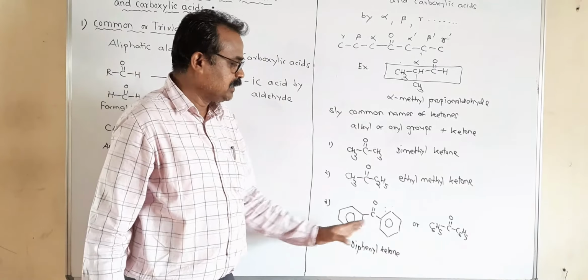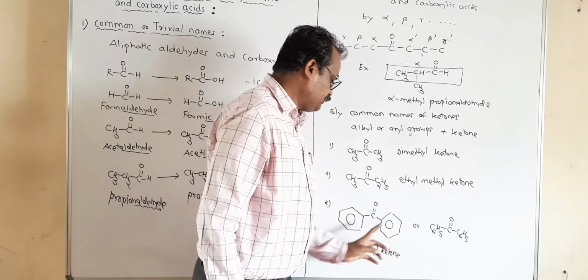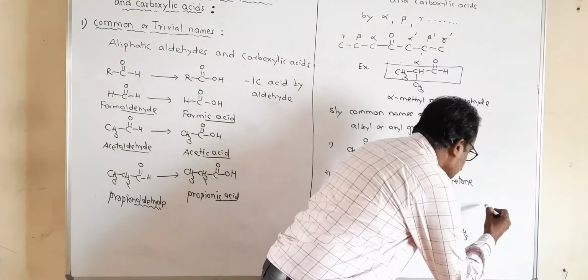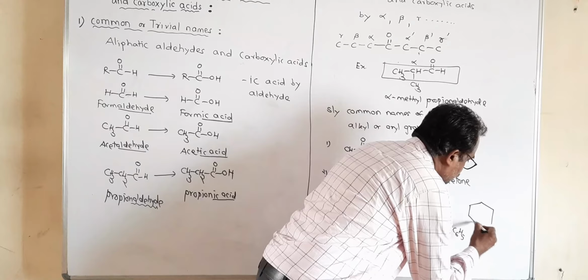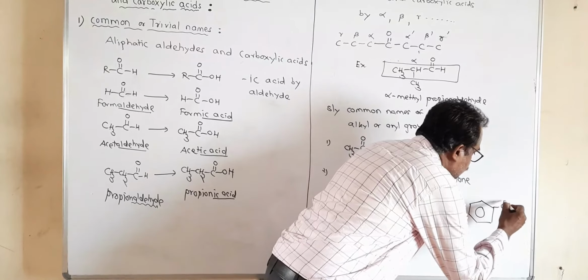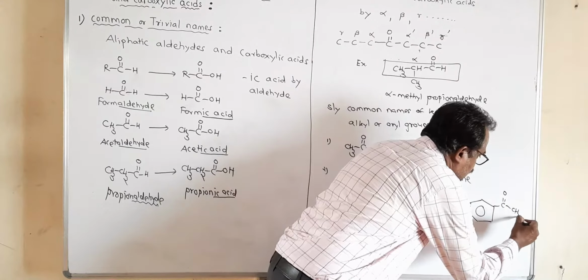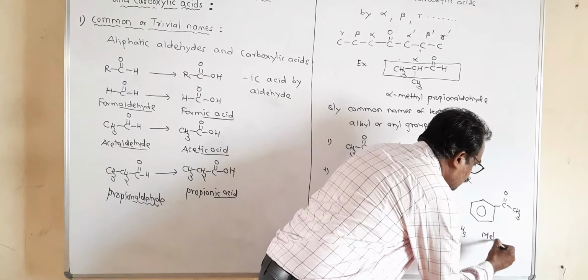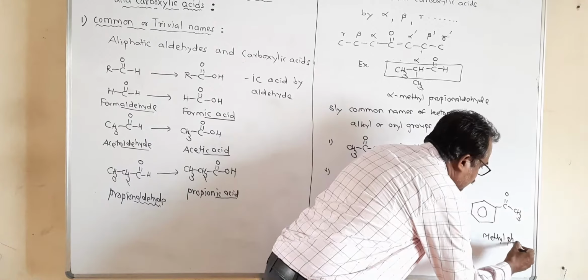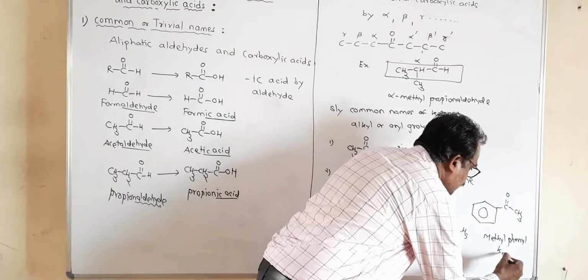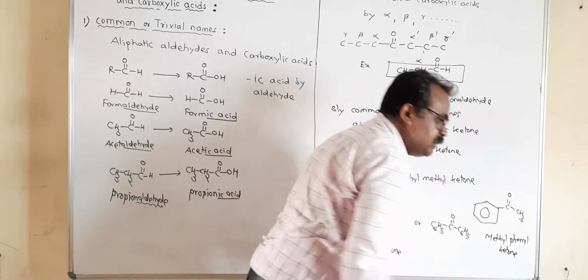So this is known as diphenyl ketone. And if there are different groups, like one is phenyl and another is methyl, this ketone is known as methyl phenyl ketone.